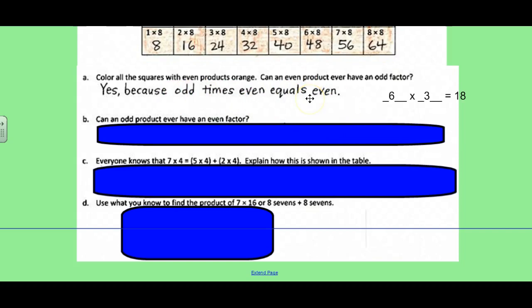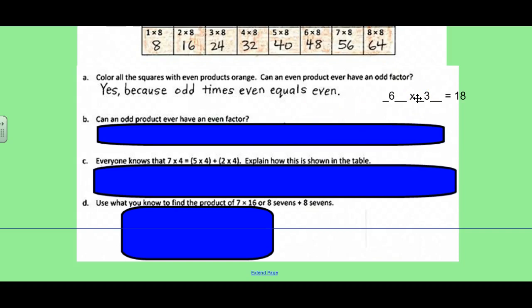You didn't have to explain how you knew that. It didn't say to, but I do want you to go ahead and write this on your problem set. Odd times even equals even, because that's just going to help you remember that whenever you multiply an even and an odd number together, we're going to get an even answer. You need to push pause to write that. You can do that.